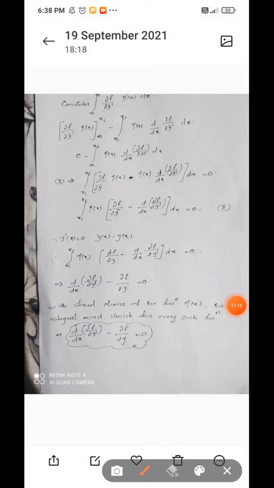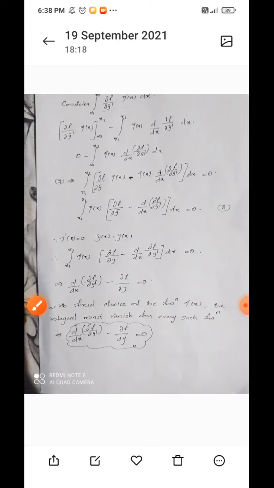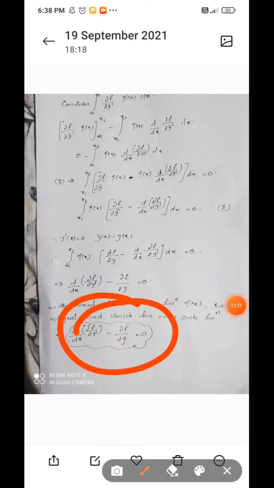With a fixed choice of the function eta of x, the integral must vanish for every such function, which implies d by dx of dou f by dou y dash minus dou f by dou y equal to 0. This is the Euler equation.